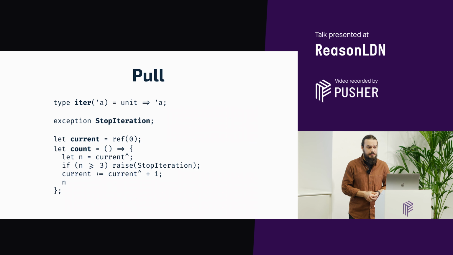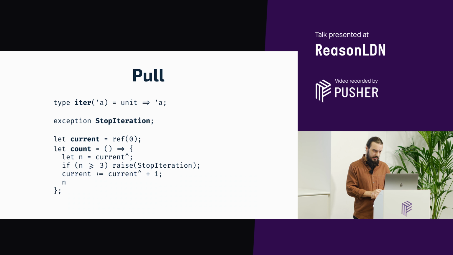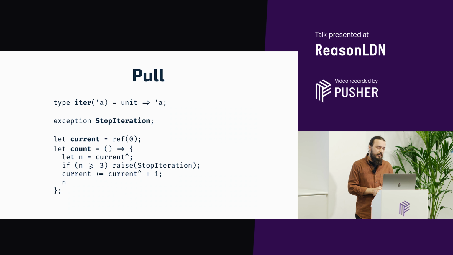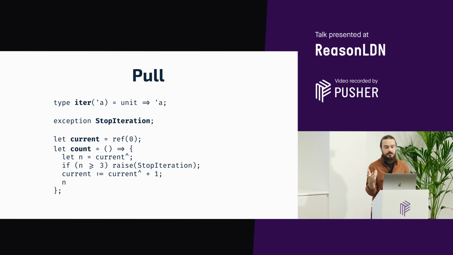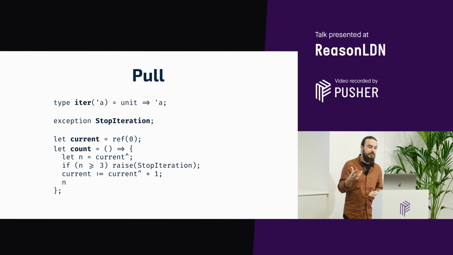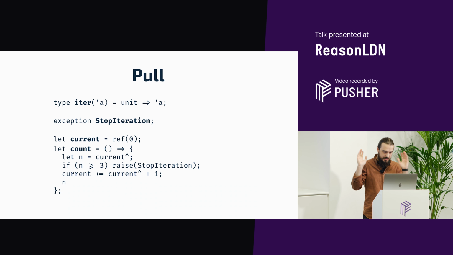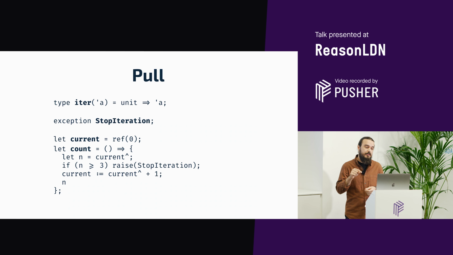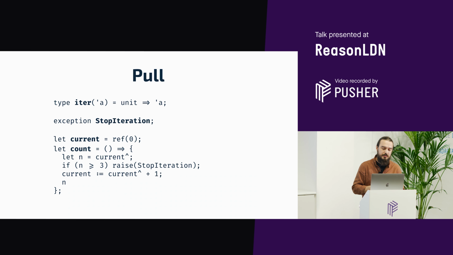So what's happening here? Well, we dereference the current value with that bang symbol to get the actual n. We check if that n is greater than or equal to 3, and if it is, we just stop. Explode the world and just stop. And if that's not the case, if n is less than 3, we increment our current value and simply return the previous value before we incremented it.